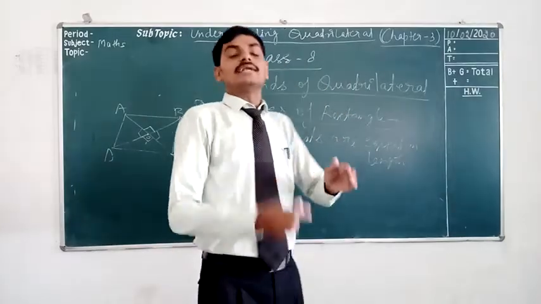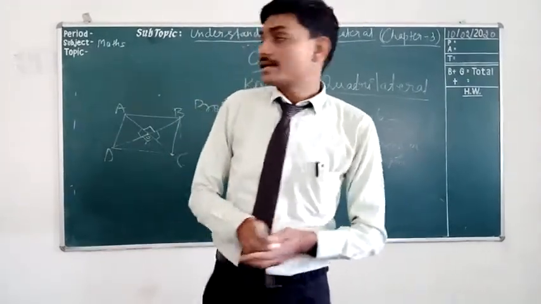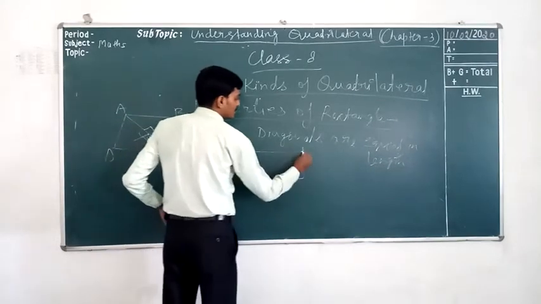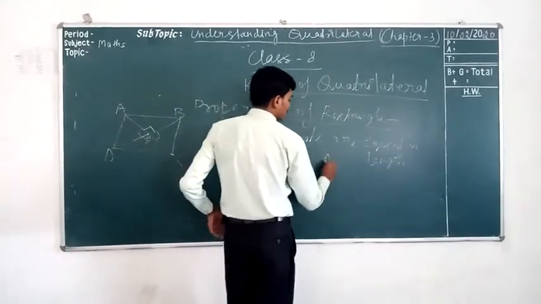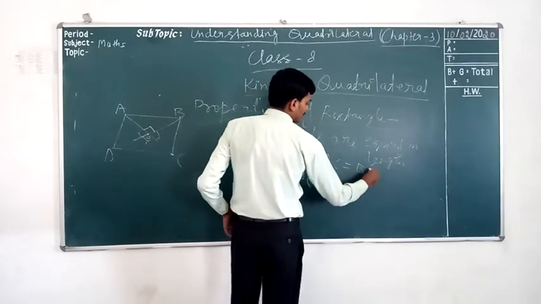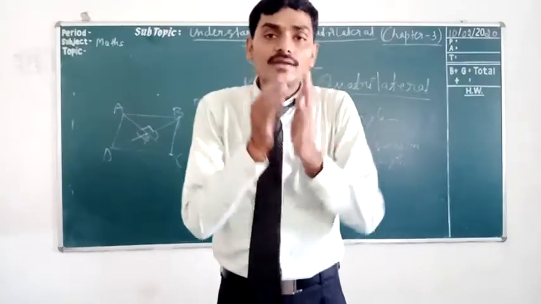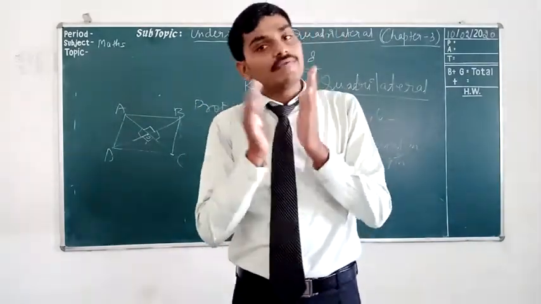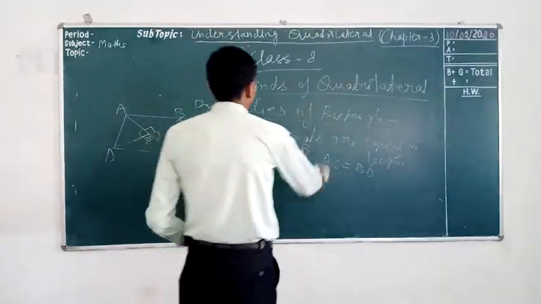That is, the diagonals of any rectangle are equal in length. If this is the rectangle ABCD, then AC equal to BD. So diagonals of any rectangle are equal in length.